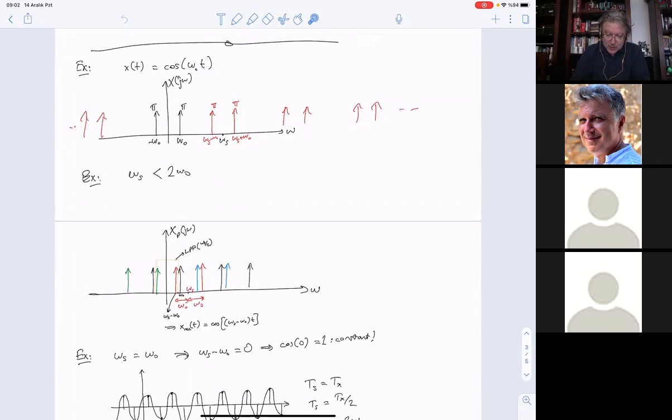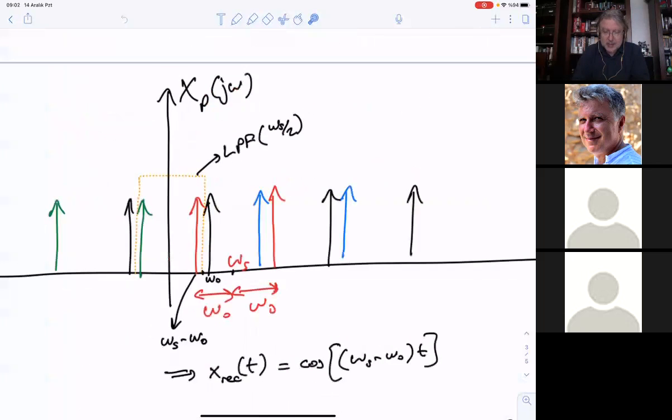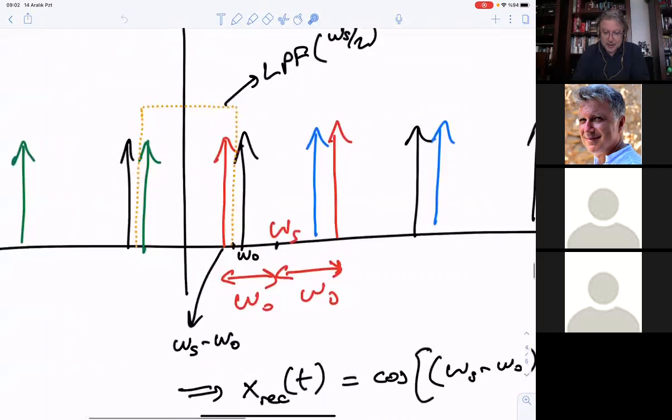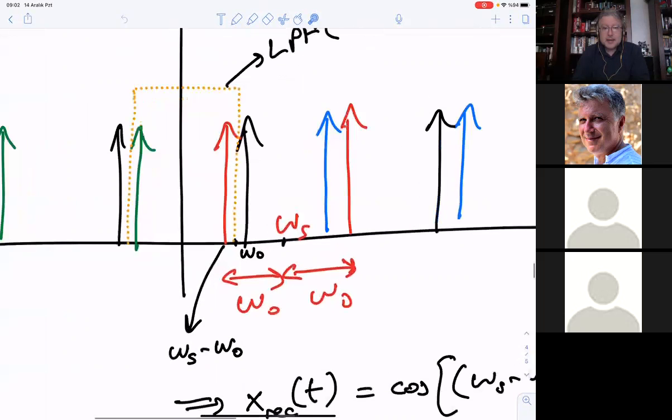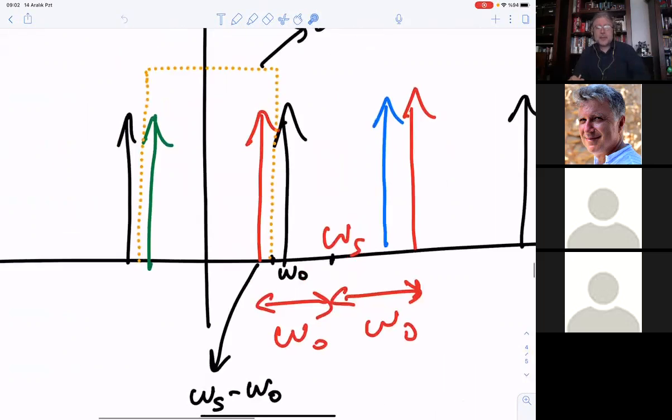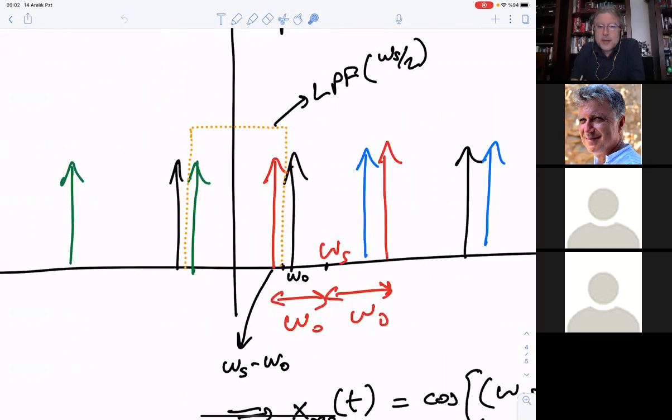But now I would like to focus on what is happening here at the point of omega s over 2. So I'm talking about this point, where it actually corresponds to omega s over 2.